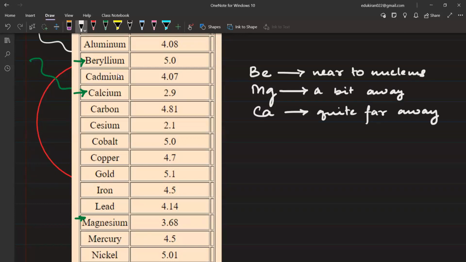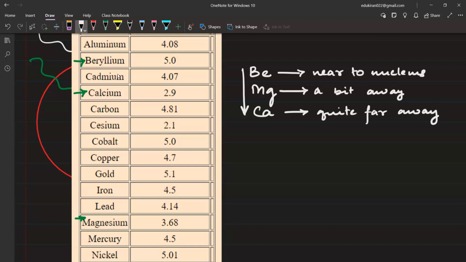Correct, guys? Please tell me. Yes, sir. And if you see the sequence, this is the same sequence in our modern periodic table also. Beryllium has a small size, and the outermost electron is nearer.